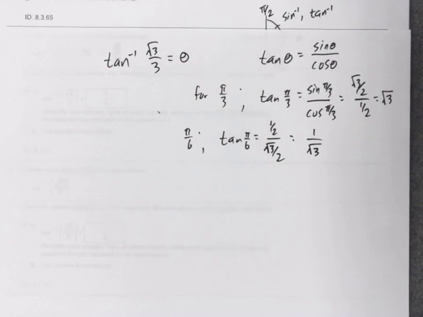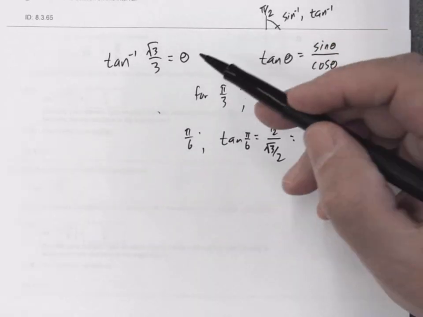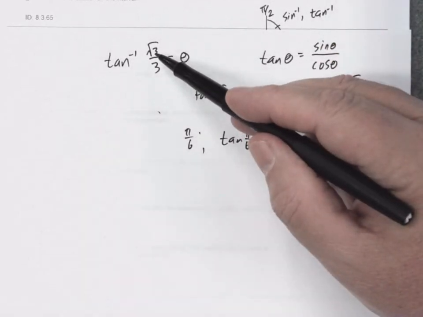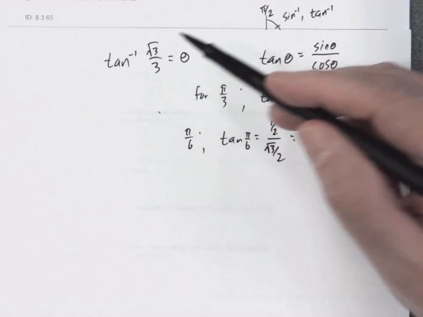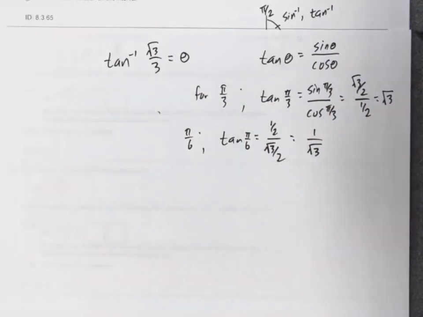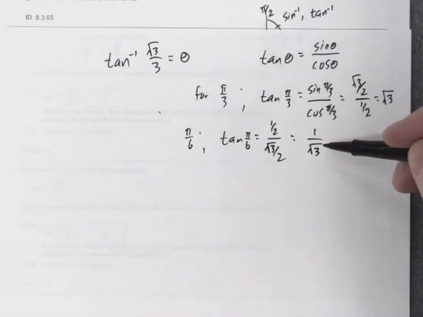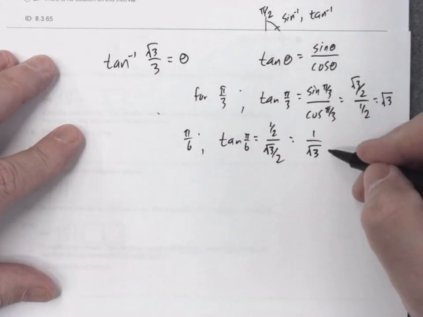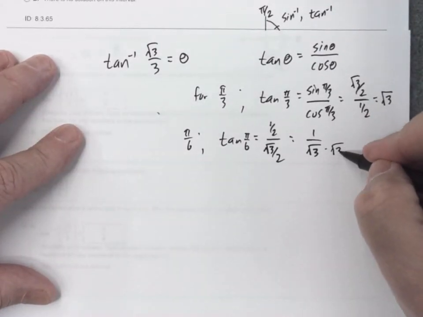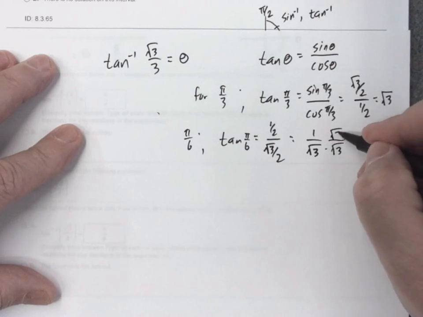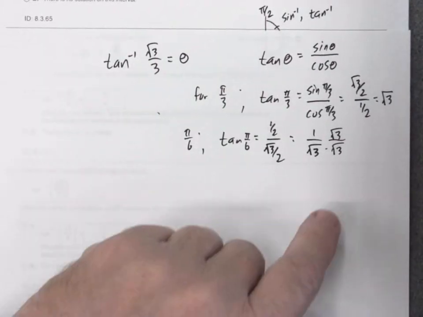So what? I know it has to be one of these special angles, so what could it be? Well, the trick is, what they've done here, I'm going to take this fraction right here, and I'm going to rationalize the denominator, which means get rid of the square root. The way we do that is we multiply top and bottom by square root of 3.